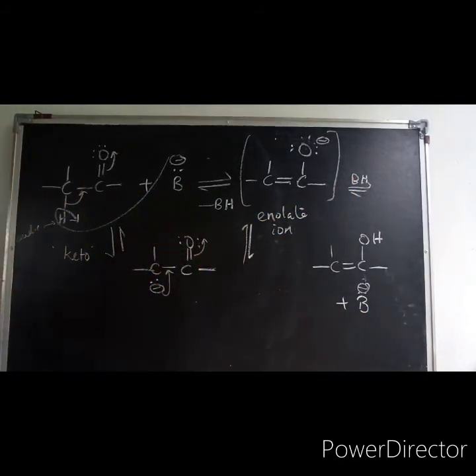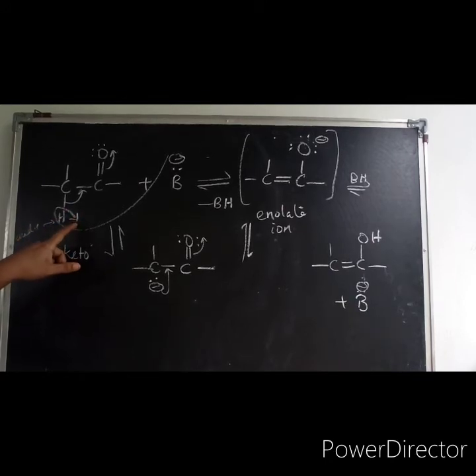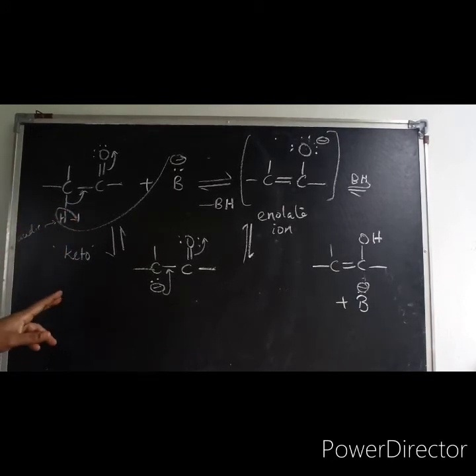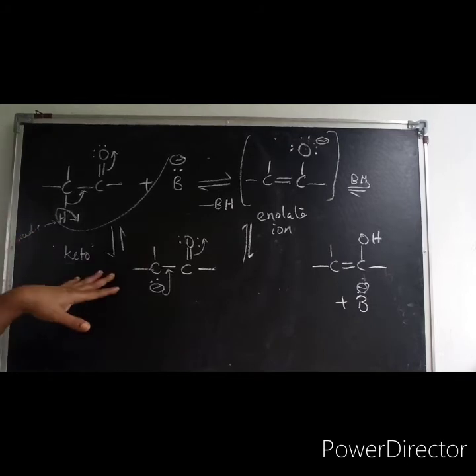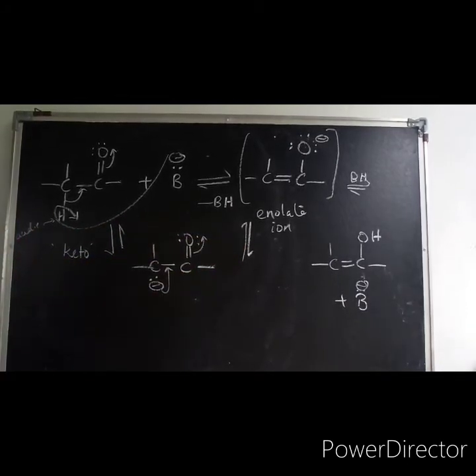This will continue. So the base catalyzed process occurs because the carbonyl groups make the alpha hydrogens acidic. Okay, a carbonyl compound can donate one of its alpha hydrogens to the base, giving an enolate ion. So that is what is happening over here.